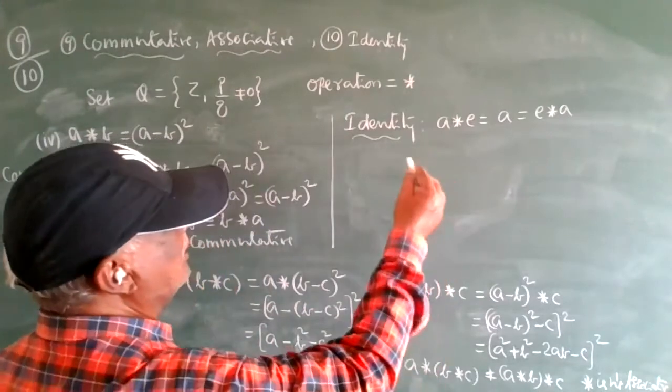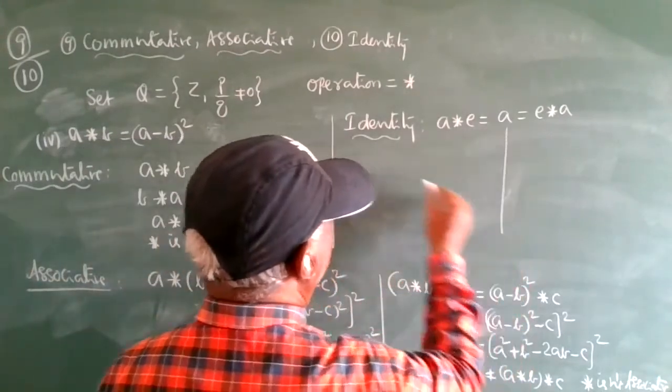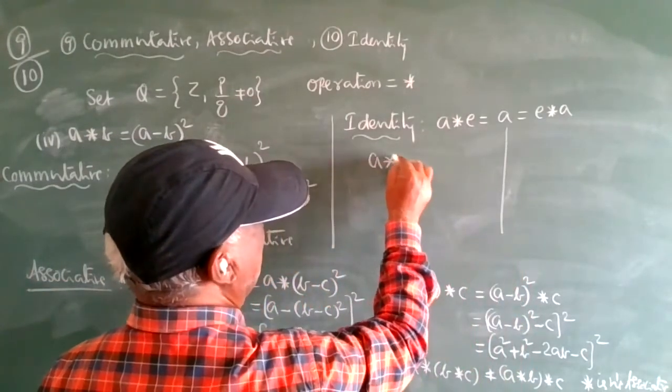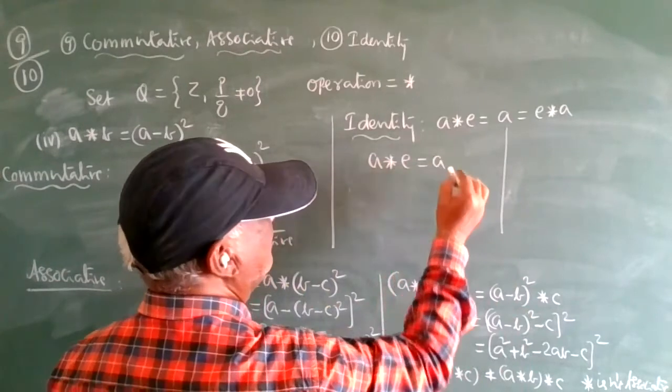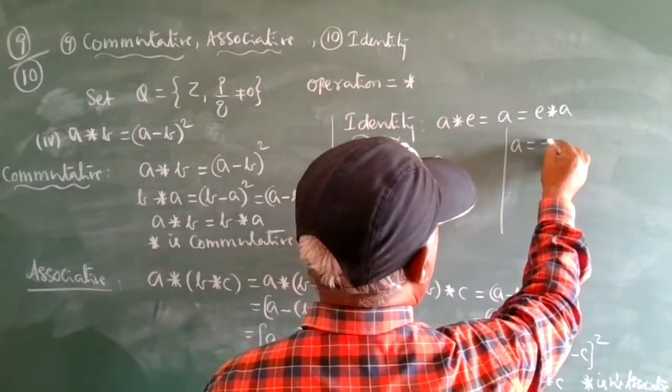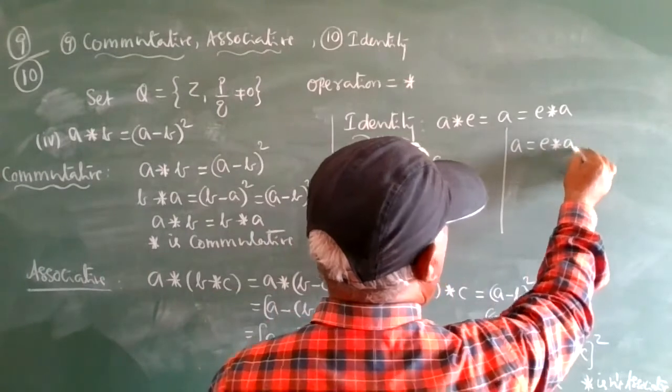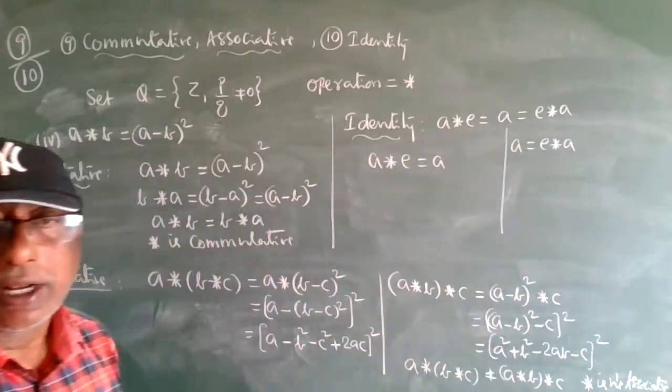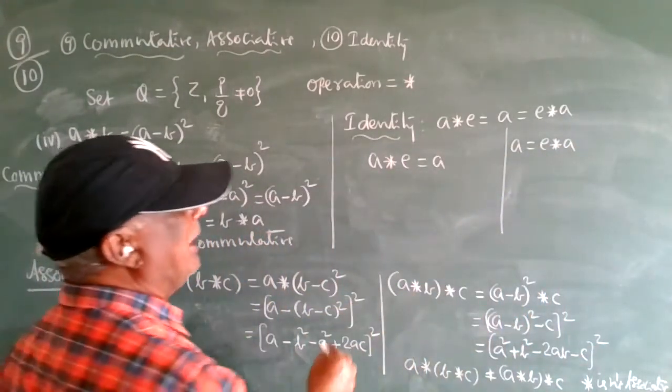Right, everyone come here. Two parts we can make: A star E is equal to A, and A is equal to E star A. Different identity not required; unique identity required.